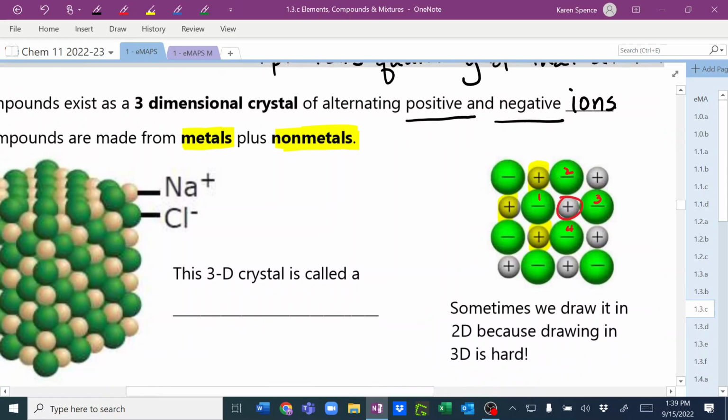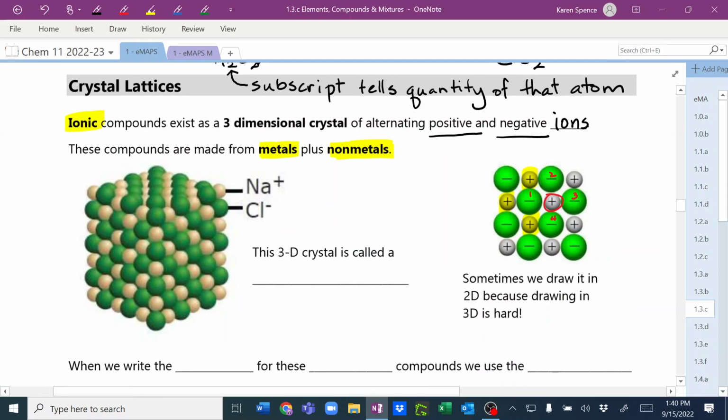This 3D crystal is called, actually I should write an ionic crystal lattice. You're going to hear that word a lot. I love the crystal lattice.